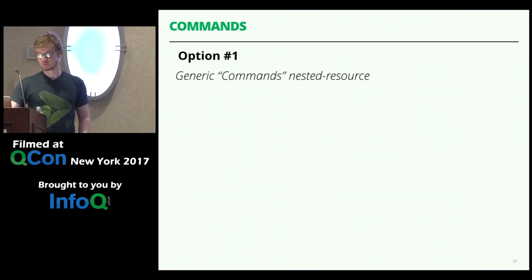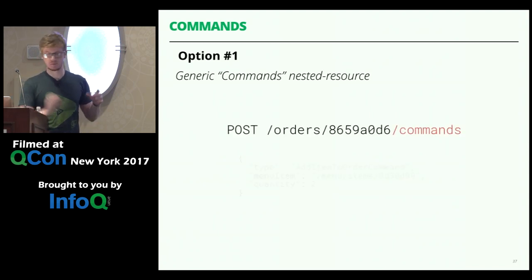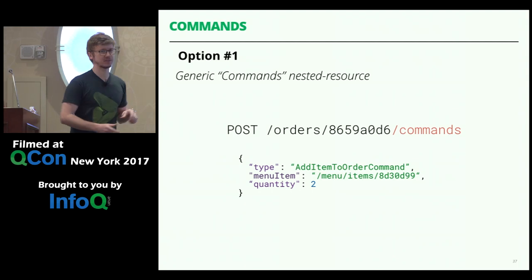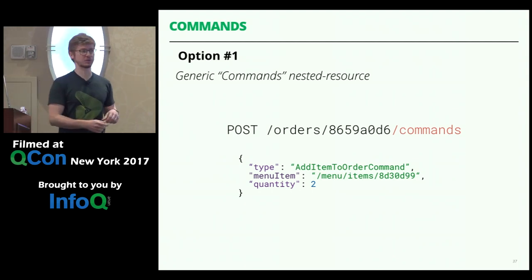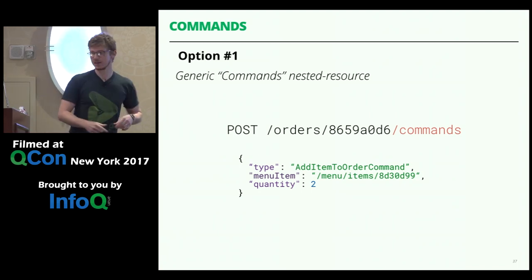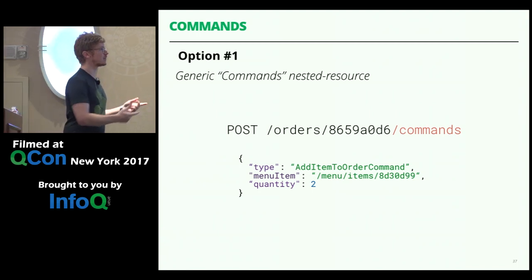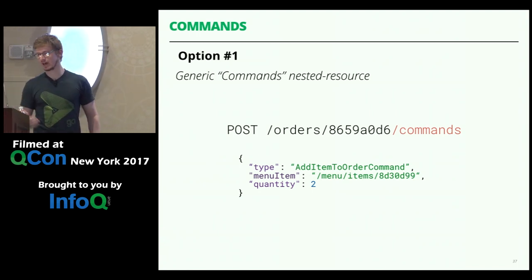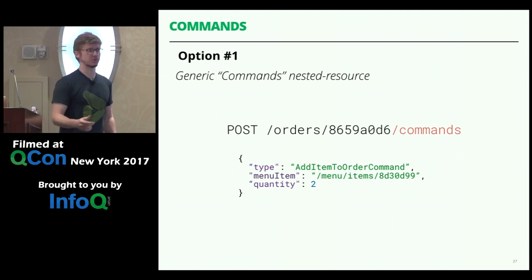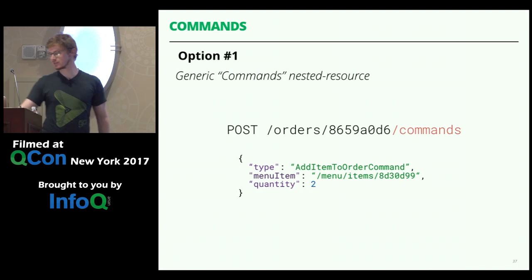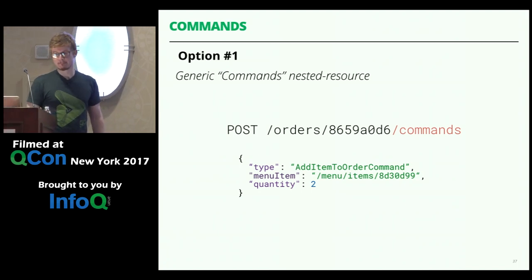And the first one would be to have a commands endpoint nested with a given resource. So clients would, by default, send a post request to a URL like that. And in the request body, they would specify the command type. In this case, we would send an add item to order command and would send that payload to the orders/ID/commands URI.